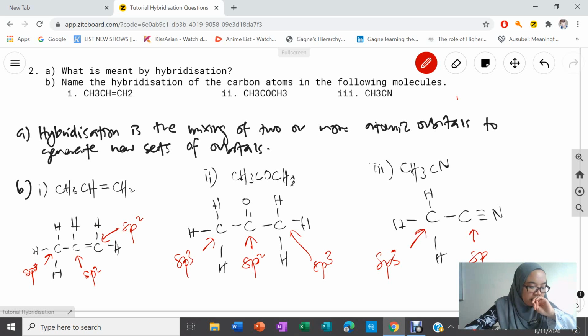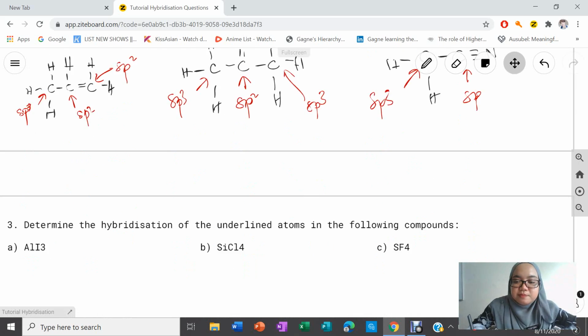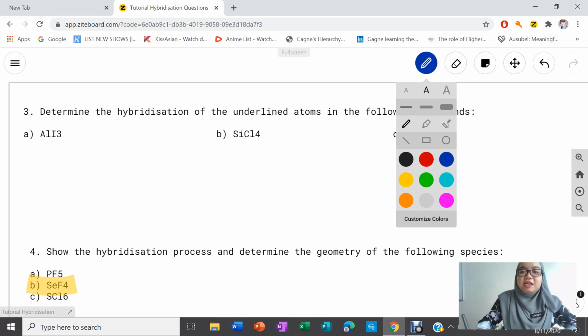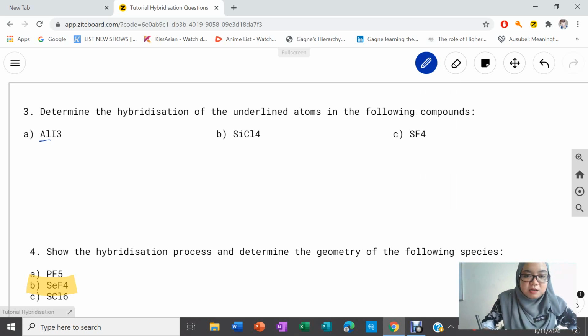Alright, so next. Question number 3 asks you to determine the hybridization of the underlined atoms. Sorry, I forgot to underline the atoms here. The underlined atoms are aluminium, silicon, and sulfur.